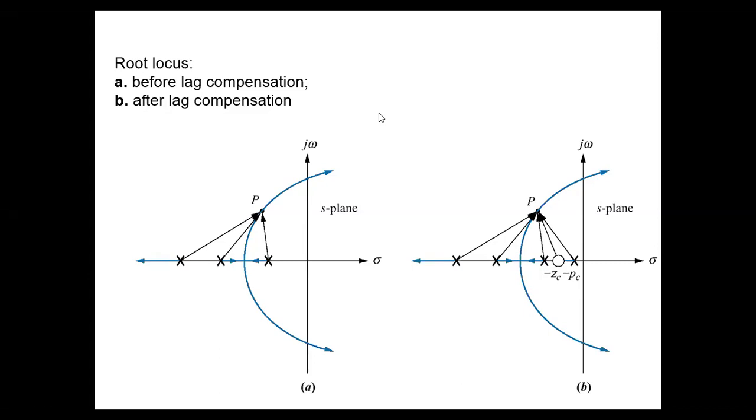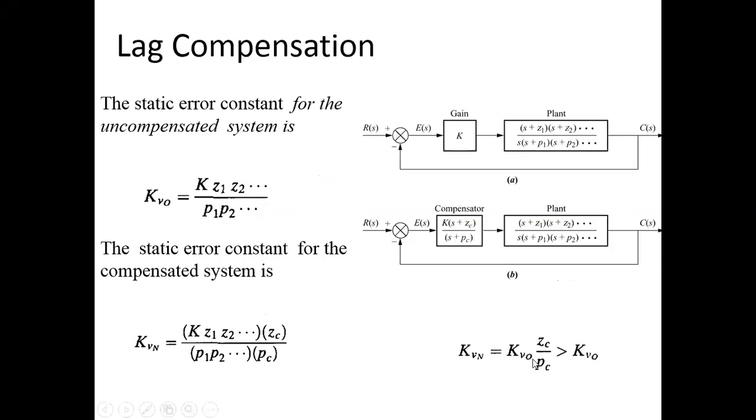So now what improvement can we expect in the steady state error? Since we established that the gain K is about the same for the uncompensated and compensated systems, we obtain the ratio shown here.